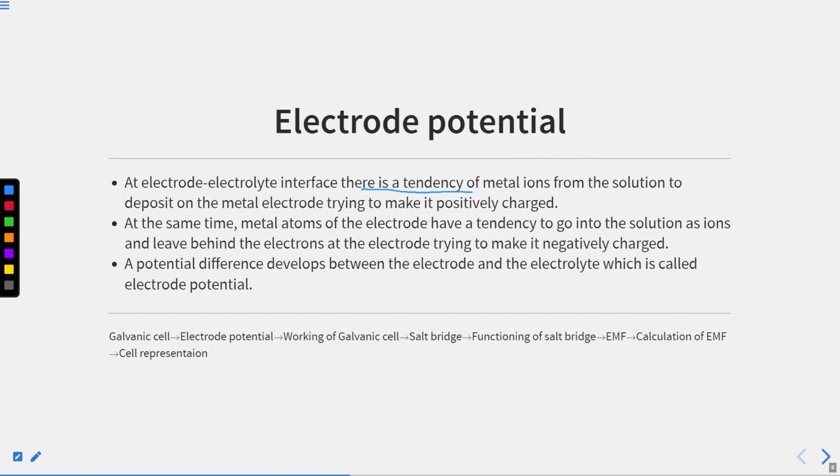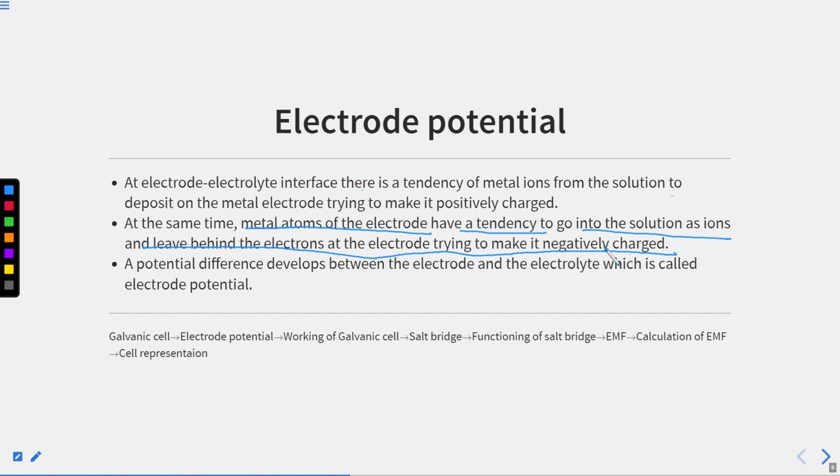The metal atoms have a tendency to go into the solution as ions and leave behind electrons on the electrode, trying to make it negatively charged. Yes, if this leaves the electrons on the electrode, it will make it negatively charged. So this point I have explained.